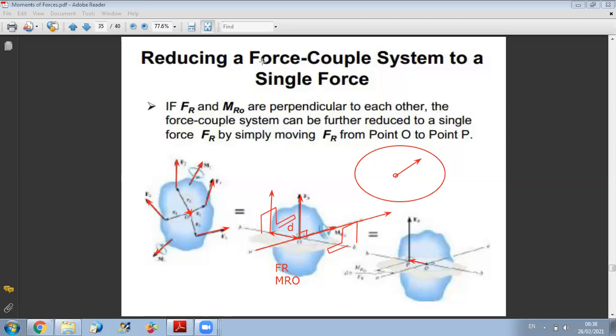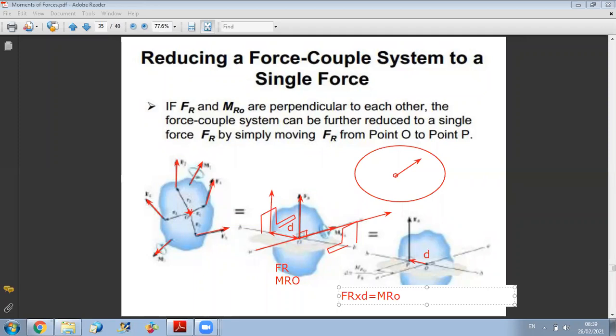And the corresponding distance I should select, I should move it a certain distance in a way to create the same moment about O. So the condition is that my force Fr times D should be equal to the resulting moment about O. This will ensure the condition of equivalent system. So in general, what can they ask you? They can ask you, what should be the distance D I should displace my force F in order to reduce my system to a single force?